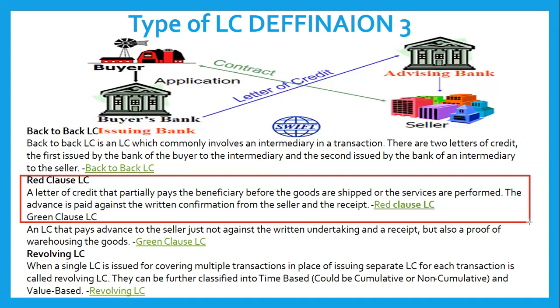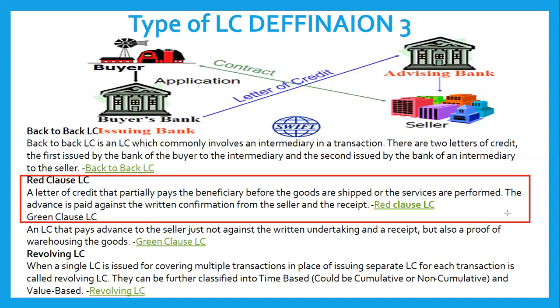So what happens is the supplier gets money in advance and he will manage these expenses like manufacturing, packing, raw materials, custom clearance or freight charges. So this is also a very good kind of letter of credit which helps the exporter manage the expenses by getting partial payment from the buyer.